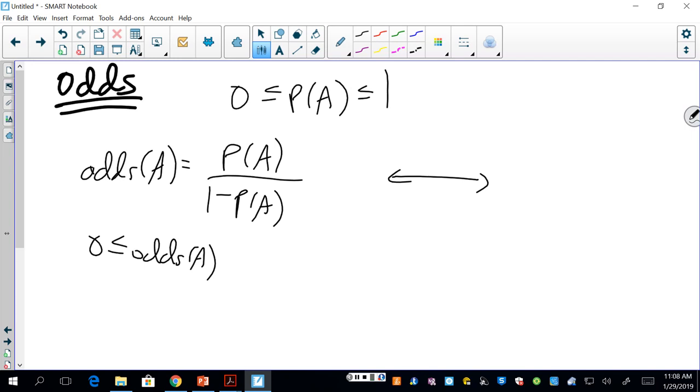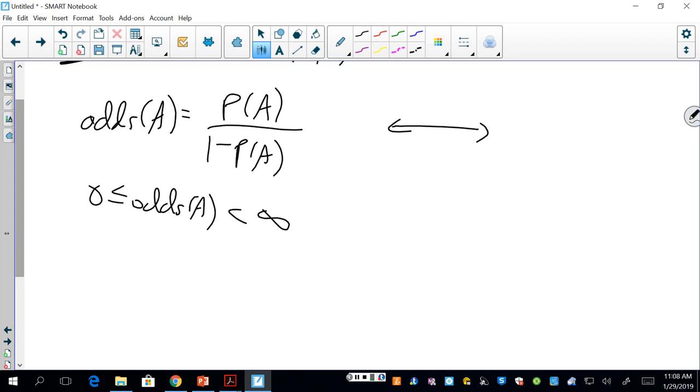But what happens if A becomes really large, almost certain? Yeah, it can go towards infinity. So very large probabilities like 0.99, you have 0.99 over 0.01, and you get an odds of 99 to 1. Calculated as 99, usually read as 99 to 1 as an extreme. So it goes on the positive line.